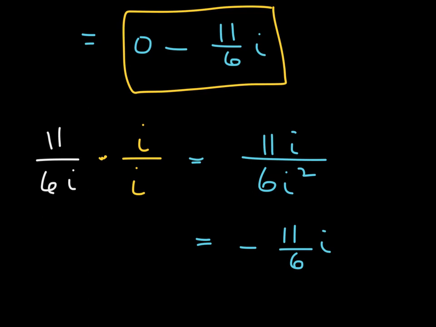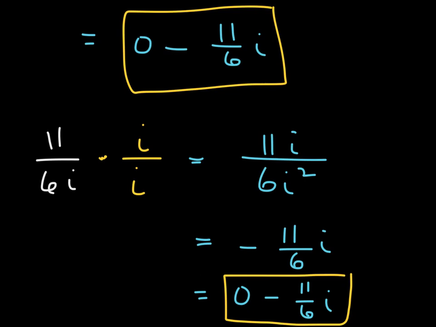Written in standard form is 0 minus 11/6 i, which is exactly what we wrote down earlier. This was way less work because I just multiplied by i. So, rule of thumb, if you are dividing complex numbers and your divisor, the denominator, is pure imaginary, you can just multiply by i in the numerator and denominator, and that'll do it.